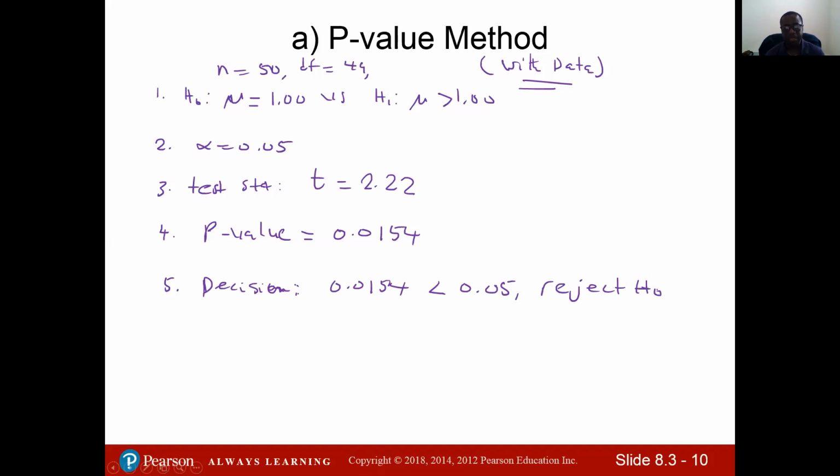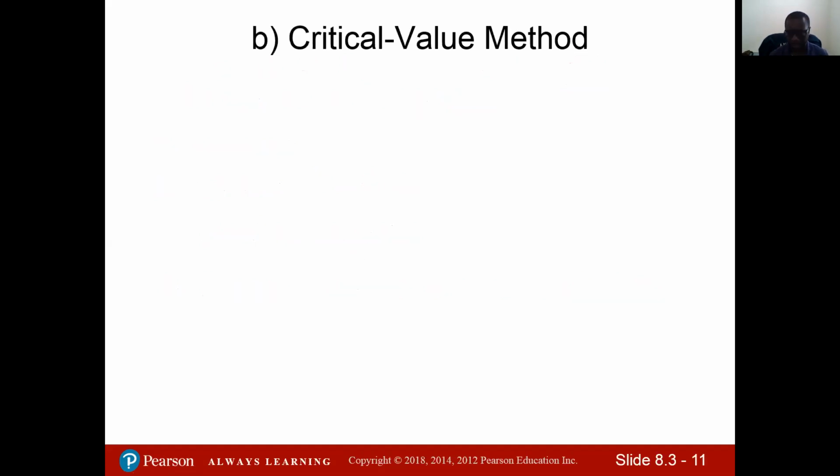All right. So I need to use the critical value method to arrive at the same conclusion. So let's go to the next slide. Set up the procedure. H0: mu is equal to 1.00, and H1: mu is greater than 1.00. Step 2, your alpha is the same, 0.05.